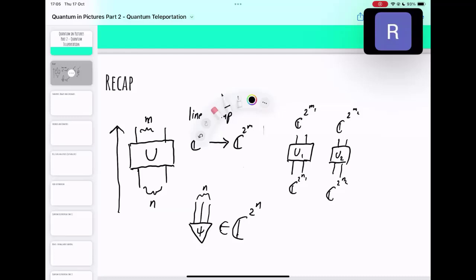If you write these boxes side by side, that represents the tensor product. You can think of it as one big box, a linear map from C^(2^(n1+n2)) to C^(2^(m1+m2)). And you can also compose these if the dimensions match up.